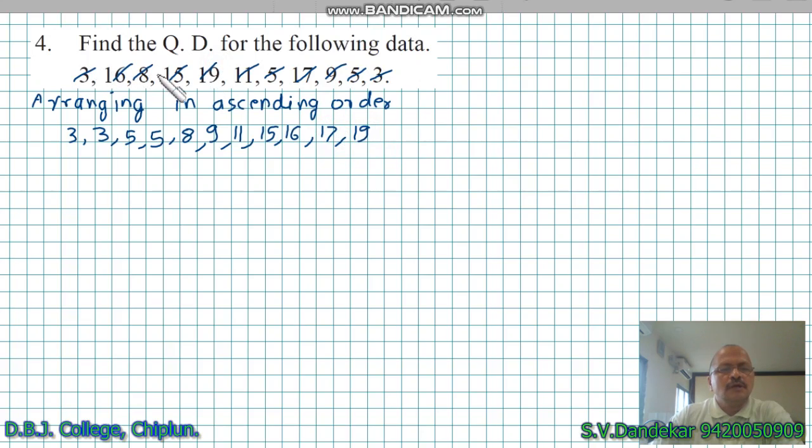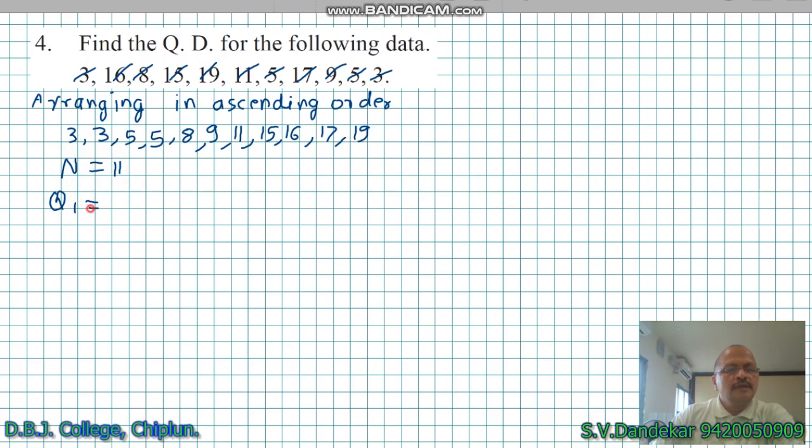Counting the observations: 1 2 3 4 5 6 7 8 9 10 11. So here value of n is equal to 11.